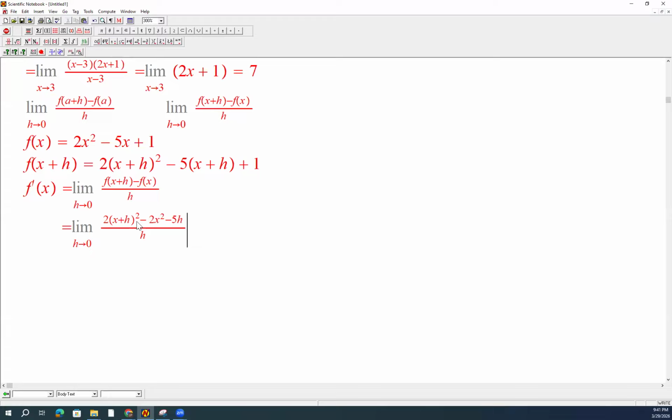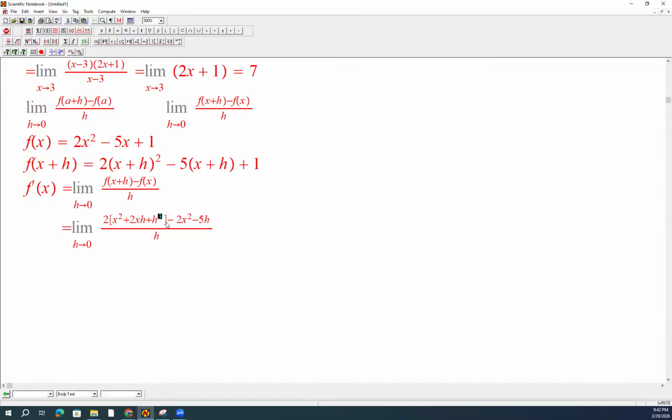So now I'm going to do the reduction. I'm going to, of course, expand it. That's going to give me x squared plus 2xh plus h squared.